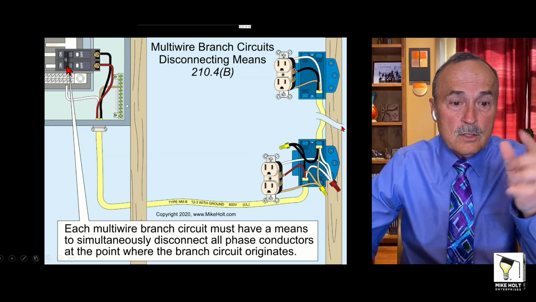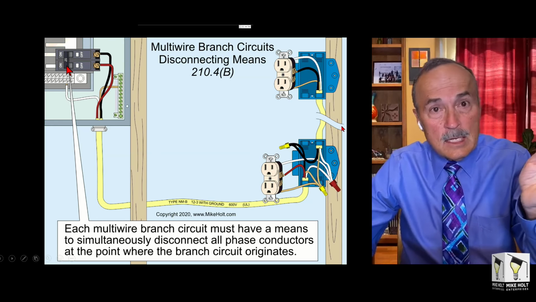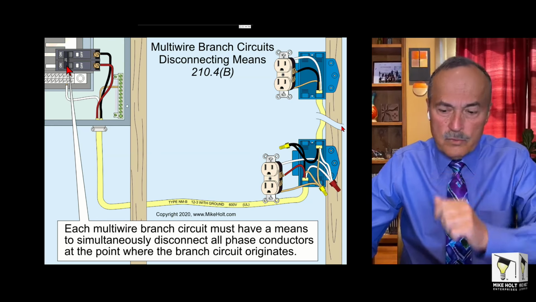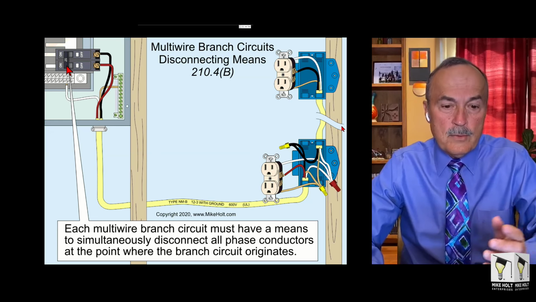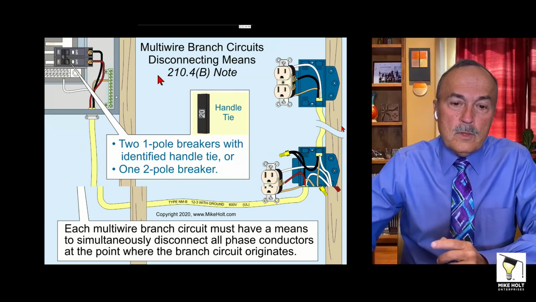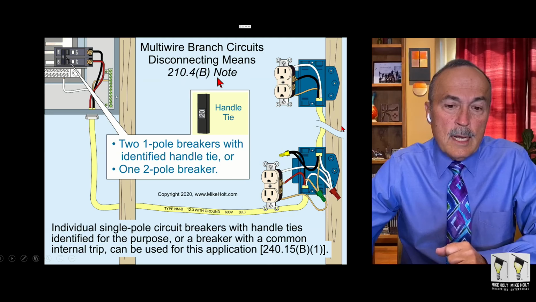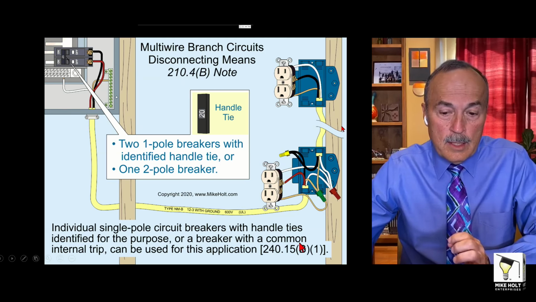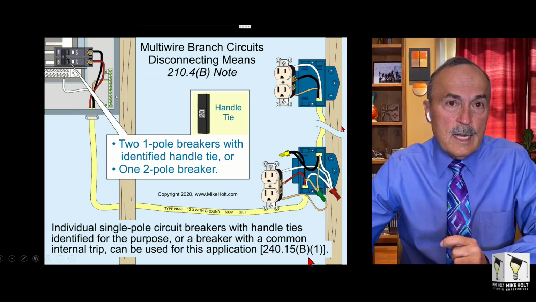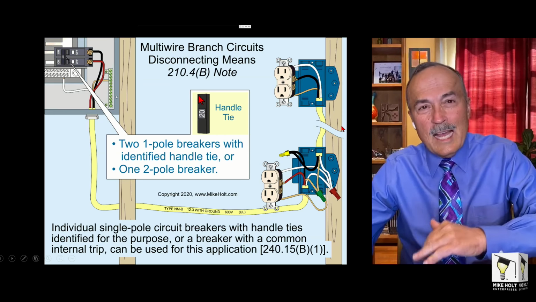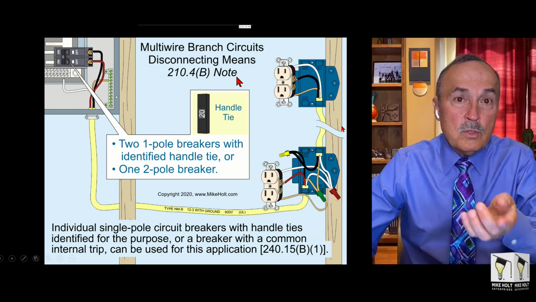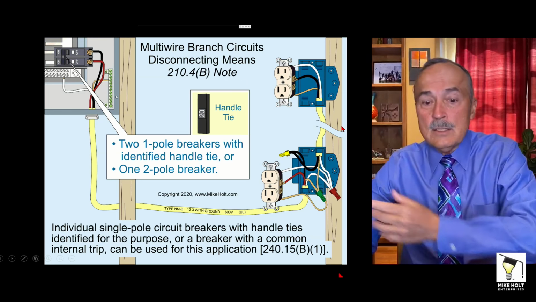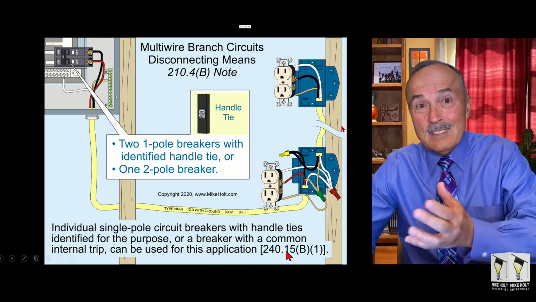So 2 single pole breakers with an identified handle tie mechanically open it up. This is kind of for maintenance purposes, so somebody can work on that circuit and know that they're both off. Now, the 210.4(B) note is referencing 240.15(B), which is another rule. In 210.4(B) there's a note, which is not a rule, telling you, listen, 240.15(B) tells us about this.